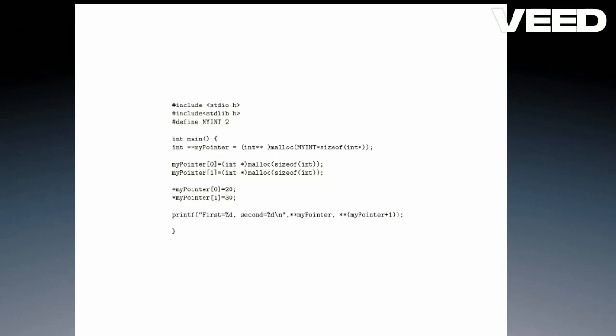Now I can use the same star notation to store a value: star my pointer 0 is 20, star my pointer 1 is 30. So I can store these 2 values and I can also print them out.